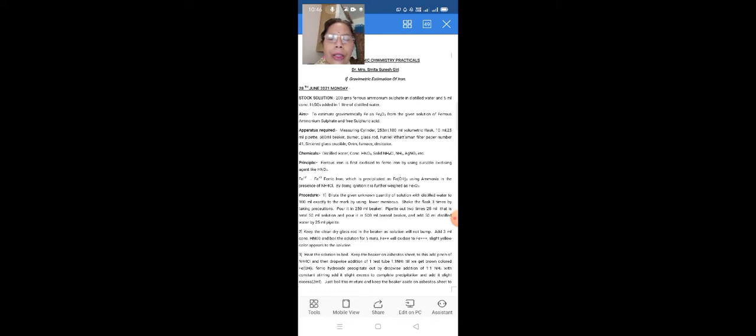It should be filled to the lower meniscus because it is a colorless solution. In a colorless solution the lower meniscus is used, and for colored solutions like KMnO4, K2Cr2O7, we use the upper meniscus. This is a colorless solution, so we use the lower meniscus.